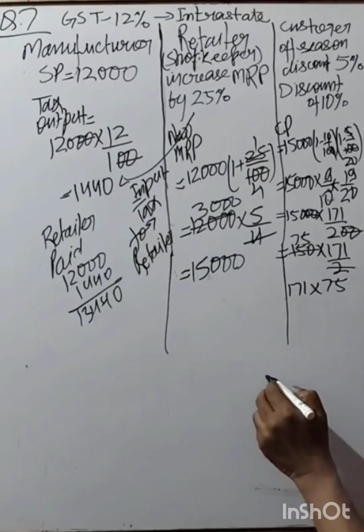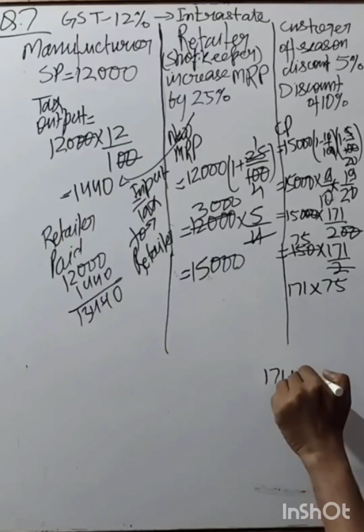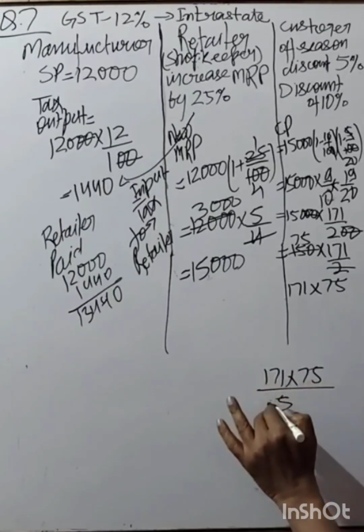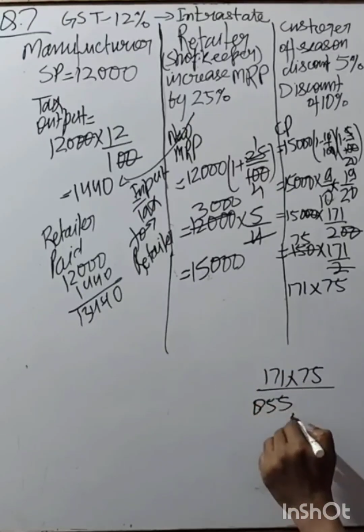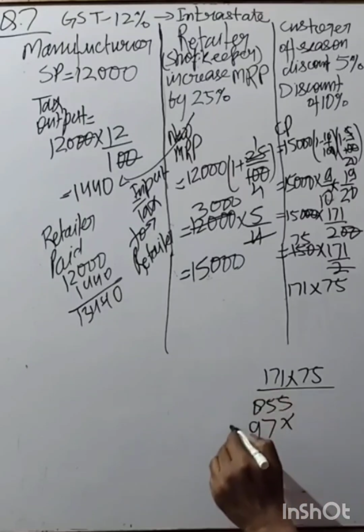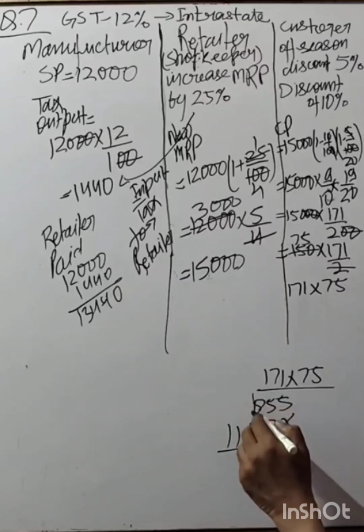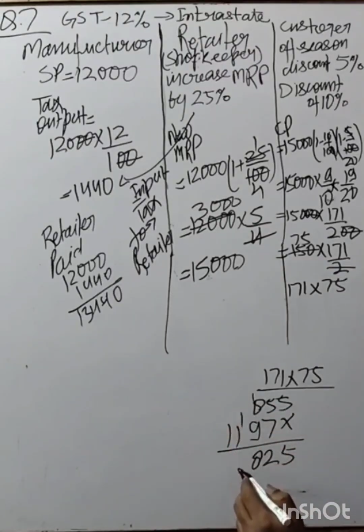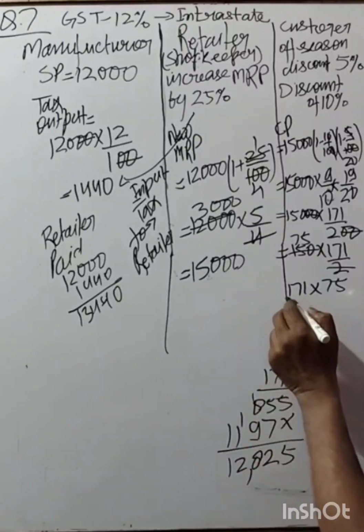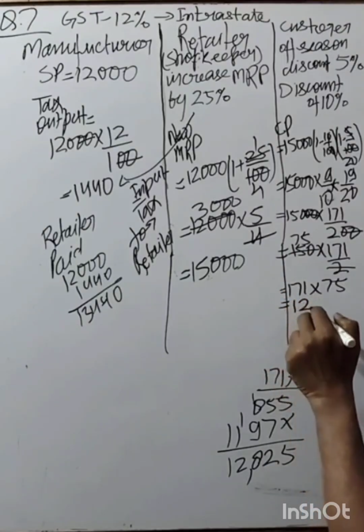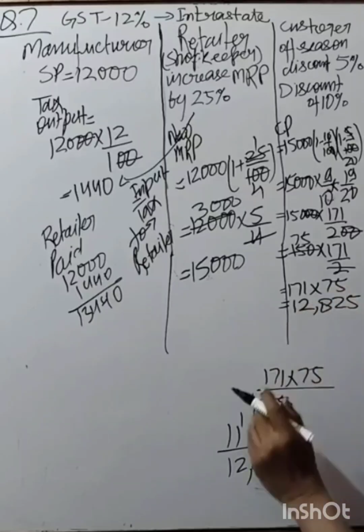So how much will you get? 171 into 75: 5, 5, 8, 7, 9, 11. Right? $12,825. 12,825. Right?